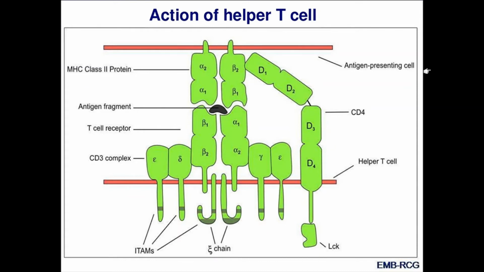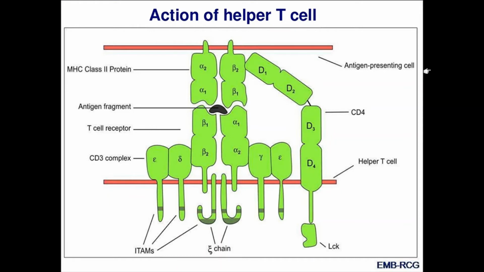Here is the representation of the action of the helper T cells. It is taking place through the help of the MHC class II proteins. The antigen fragment is present between the beta 1 and the alpha 1 regions.